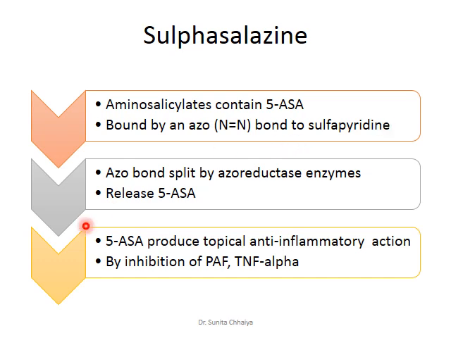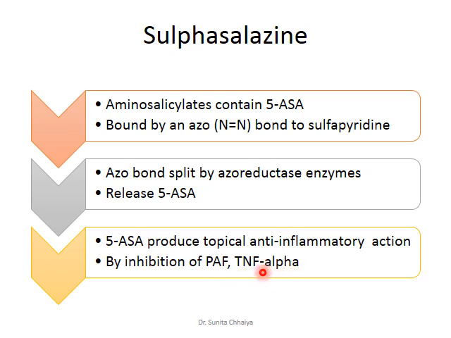The released 5-ASA, which is the main active substance of sulfasalazine, produces a topical anti-inflammatory action. So it can reduce inflammation by inhibition of pro-inflammatory mediators like platelet activating factor and tumor necrosis factor alpha.